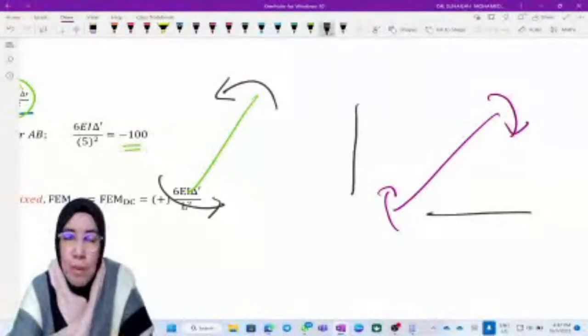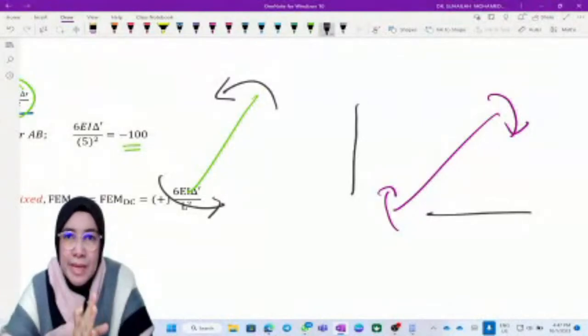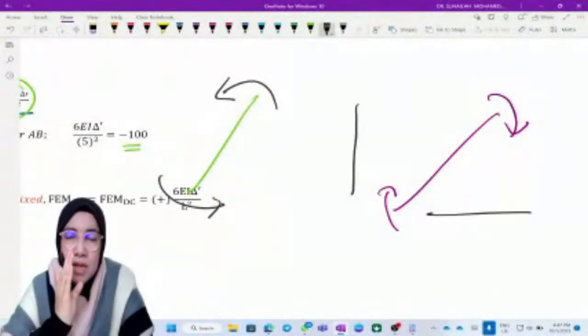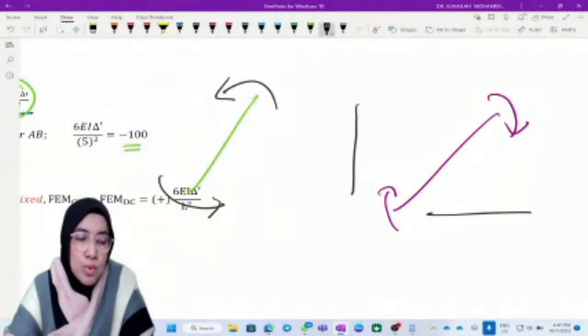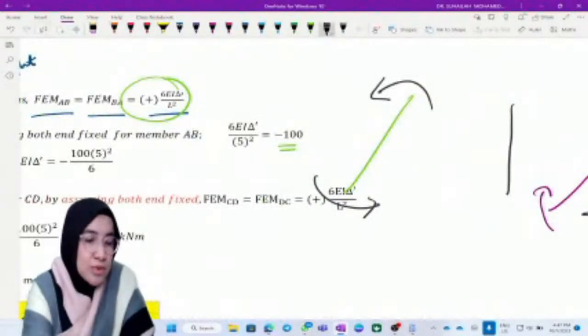We don't want that. We want to apply a moment that pushes the column back to the straight position. That is why we have to apply a negative value. So this negative is very important, and we get the right behavior.